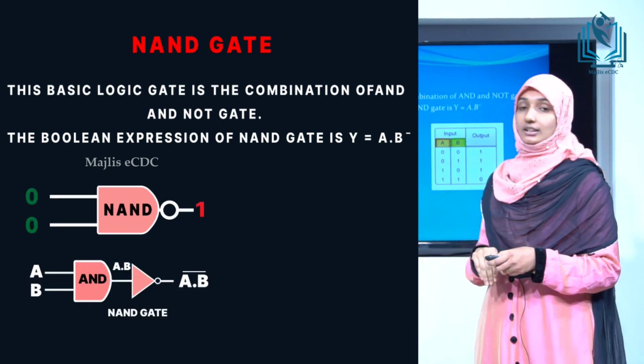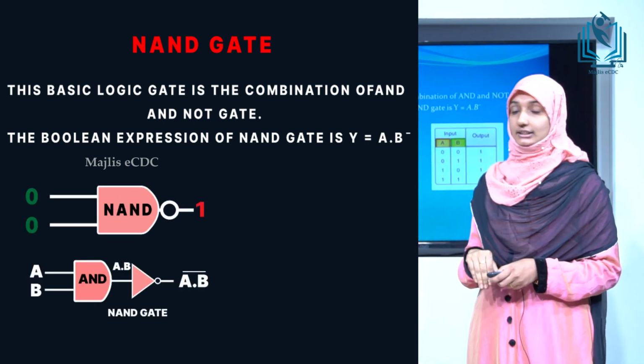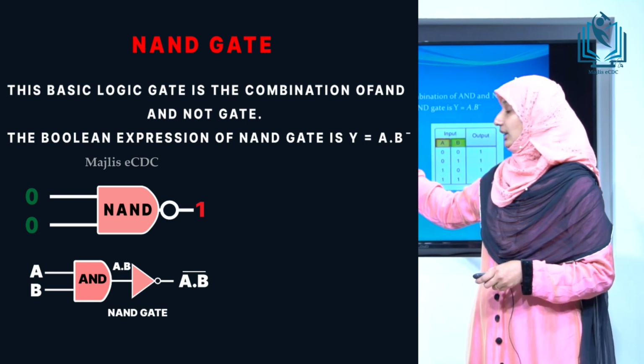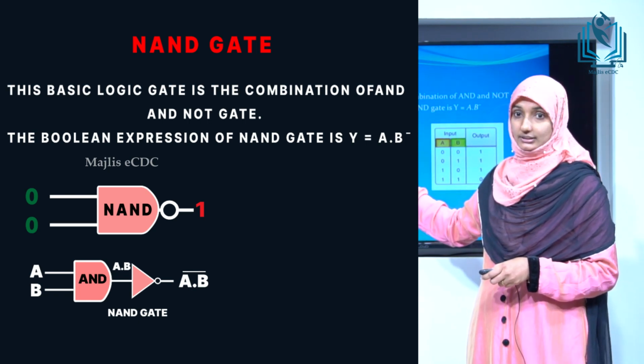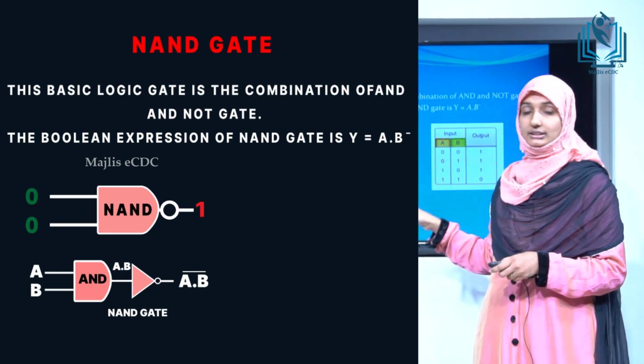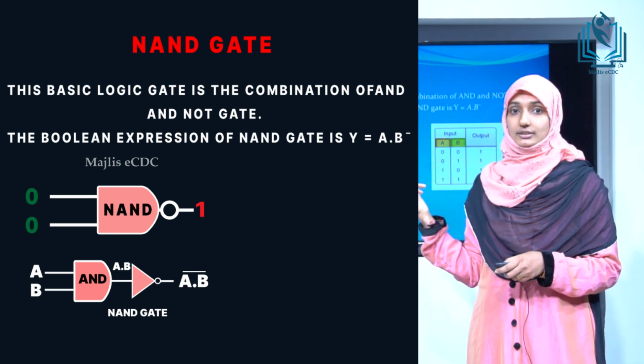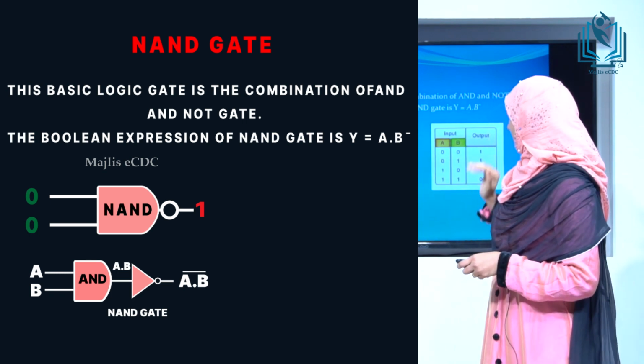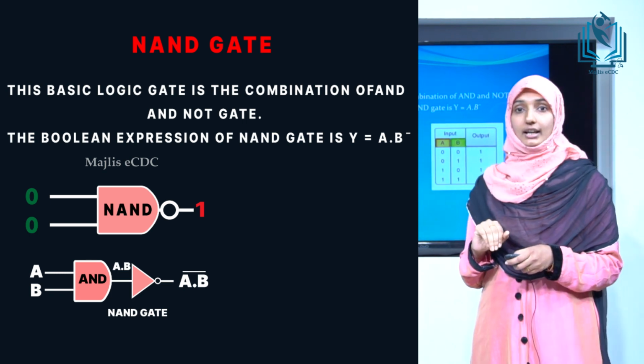Here is the logical symbol of the NAND gate, the exact symbol, and we can also create it by connecting an AND gate with a NOT gate. And here is the truth table of the NAND gate.